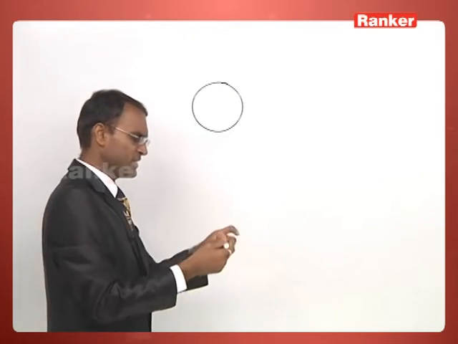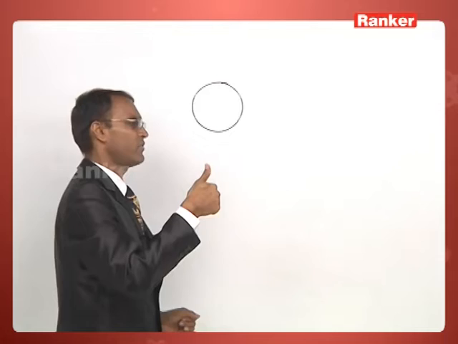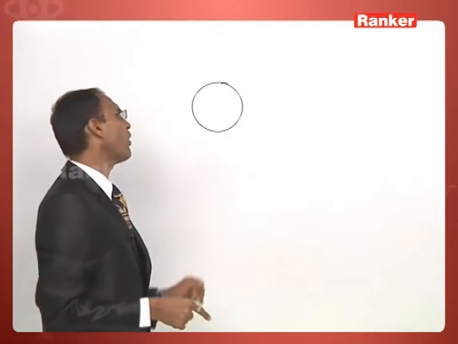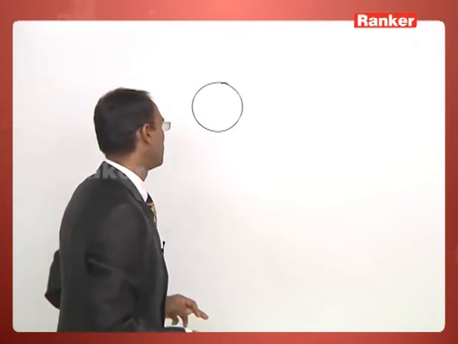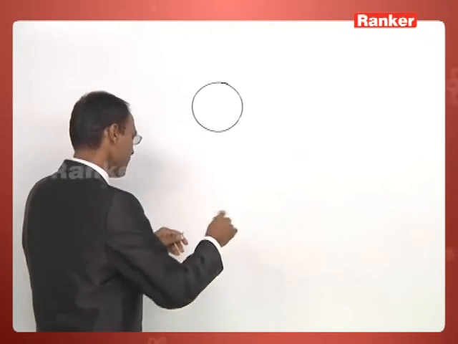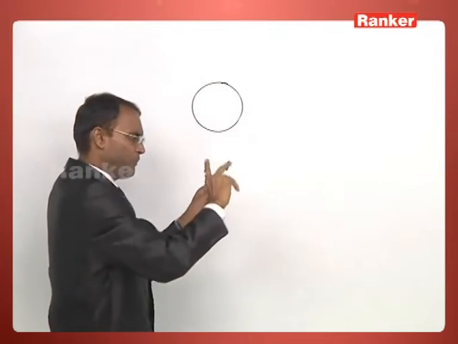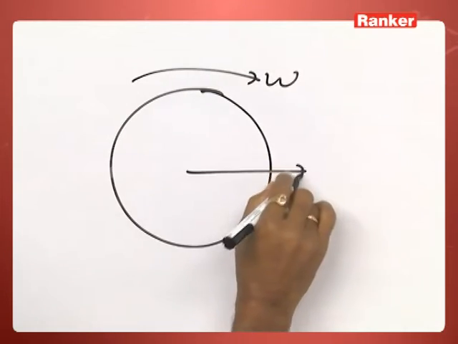You spin it like this and leave. When you spin it and leave, its center of mass moves. Therefore, the velocity of the center of mass is not equal to 0. At the same time, the body moves with some angular velocity.